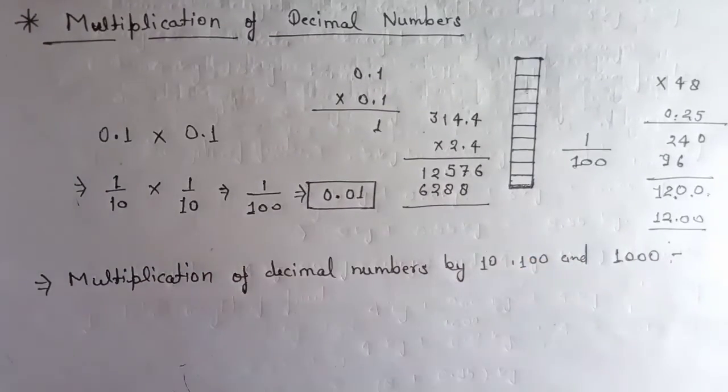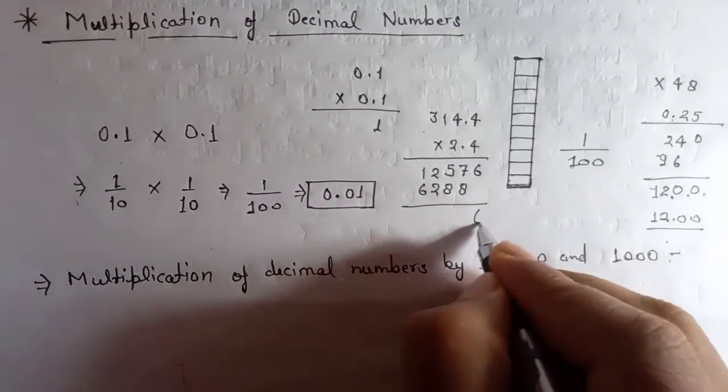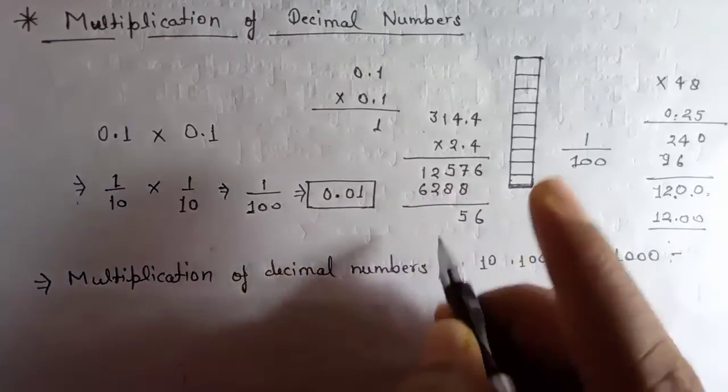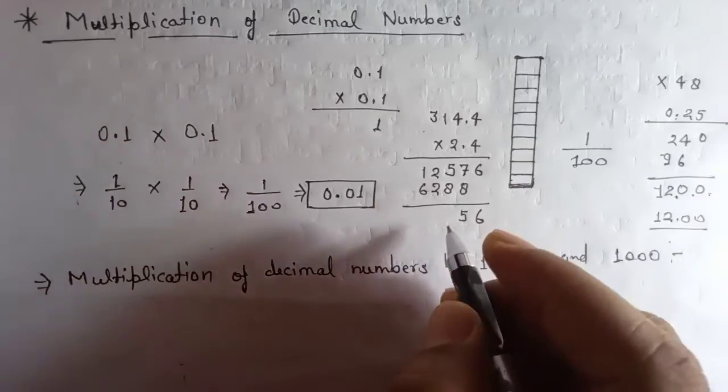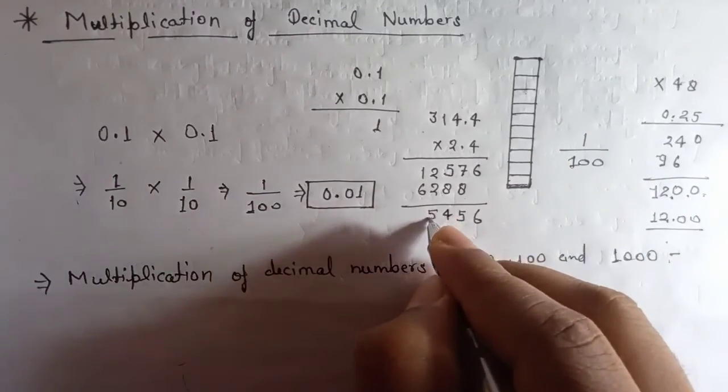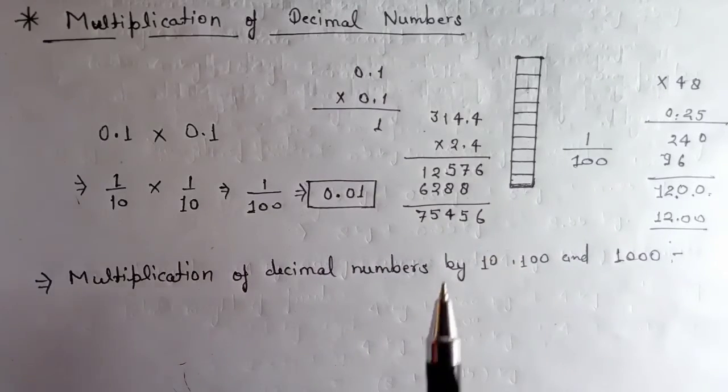Add these numbers as we do conventionally. This is 6, 7, 7, 7, and 8 becomes 15, carry 1, and 8 plus 5 is 13, plus 1 is 14, carry 1, 5, 6, 1, 7. Now count the total digits after the decimal point.